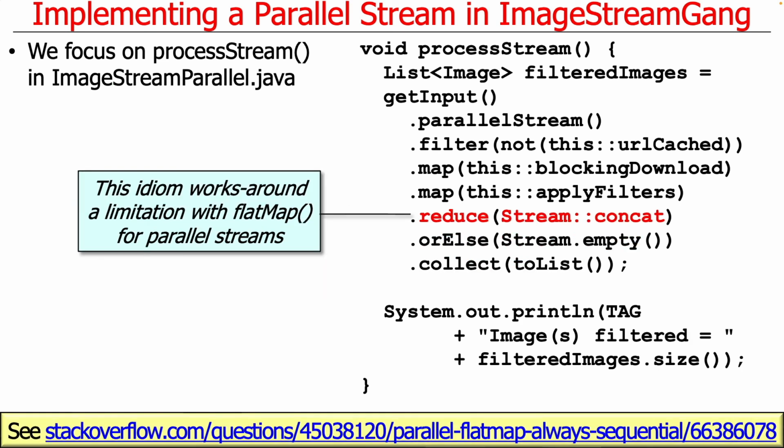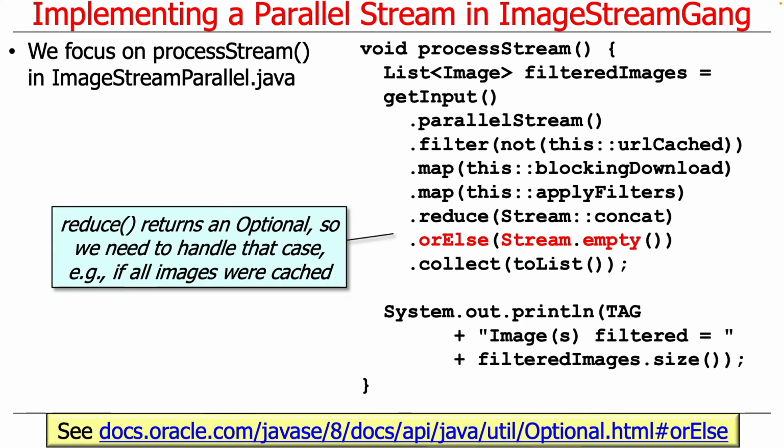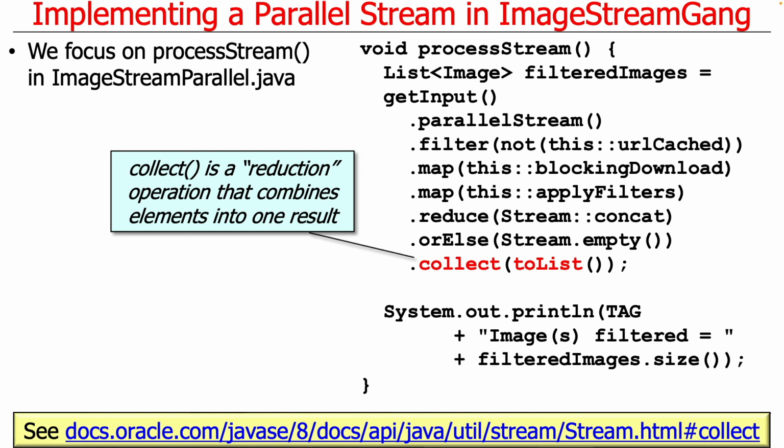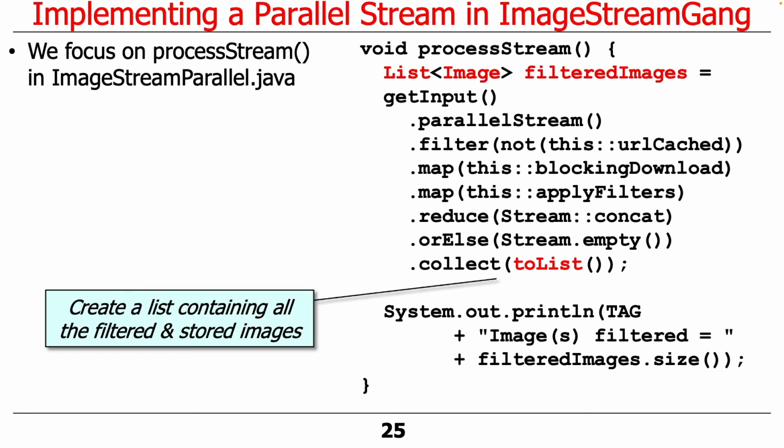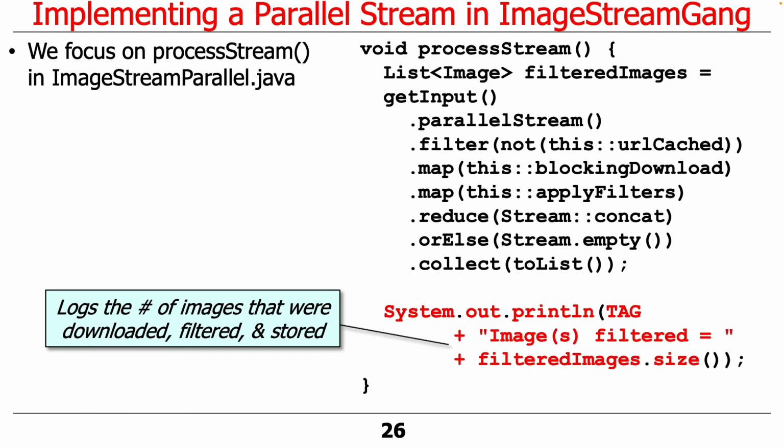This is really the one that triggers all the processing, and after we end up with a stream of transformed images, we collect them into a list. You don't see this every day, but it's worth being aware of. So this will trigger the remaining intermediate operations; the first ones are triggered by the initial reduce. And we again end up with a list of filtered and stored images. And here, just for kicks, I print out how many of them there were, just to give some diagnostics.